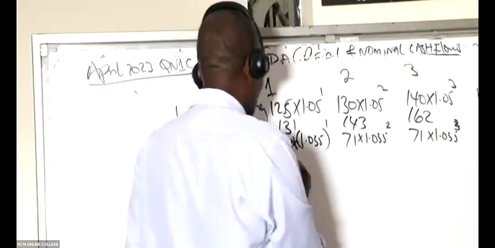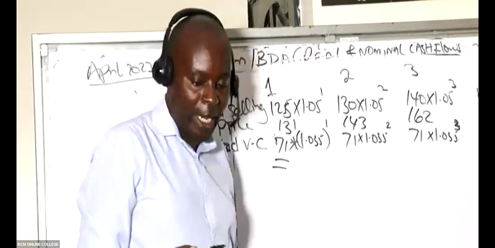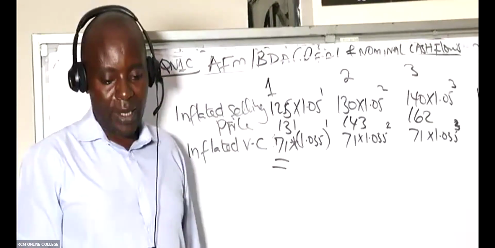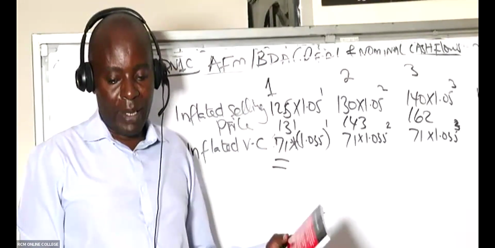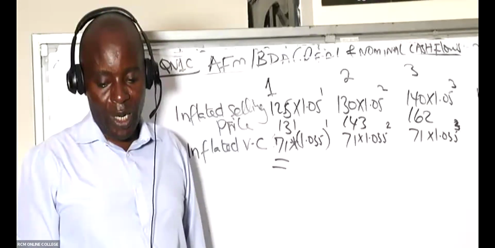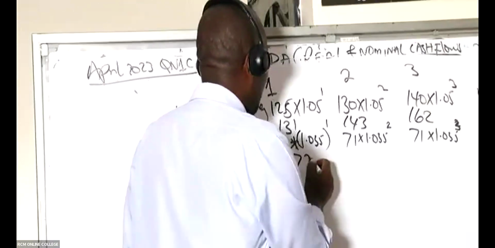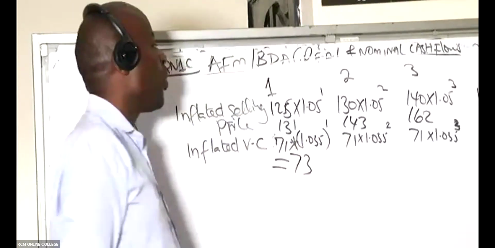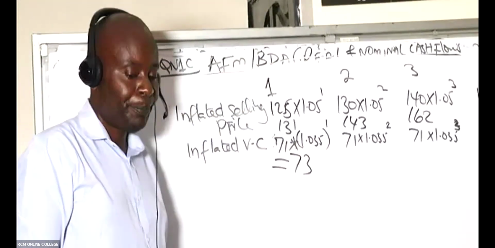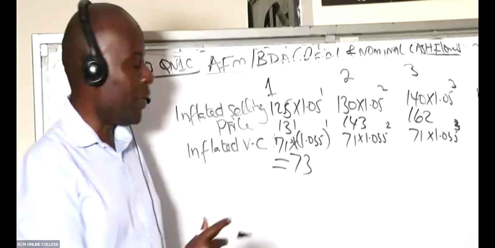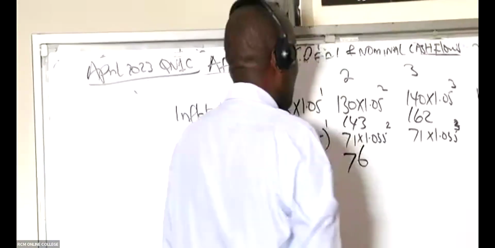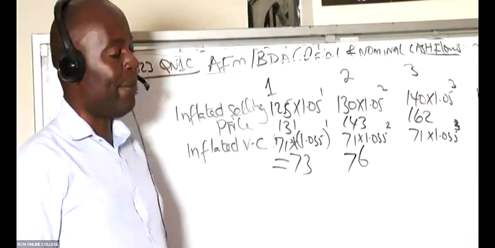Is there somebody who is able to give me these figures pretty fast? Whole numbers only. Lizzie says 73. Go to the second one. What are we getting here? 76, Leslie, 76. We go to year number 3.